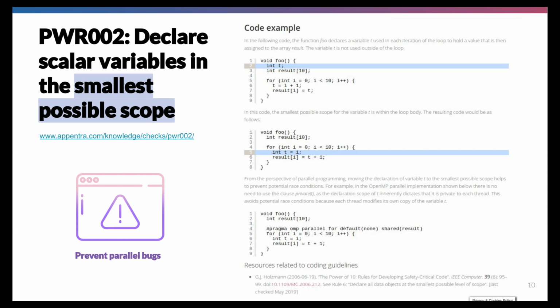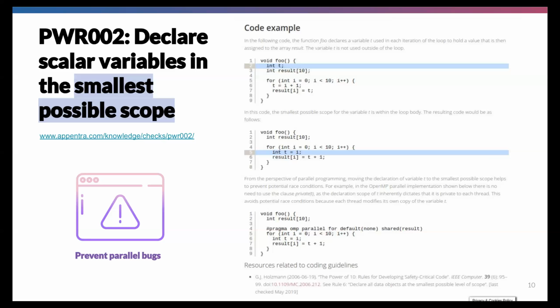It simplifies the implementation of OpenMP, simplifies the maintenance, and also prevents bugs from appearing, because you may be sharing or privatizing t in a wrong manner in big codes. So this is one example related to an important topic, that is data scoping.